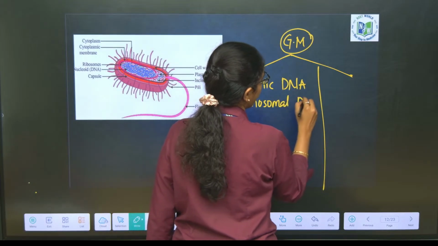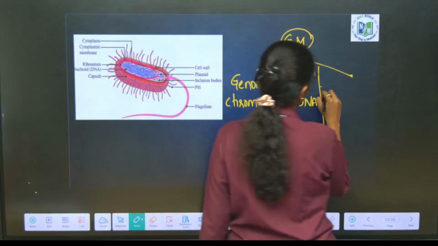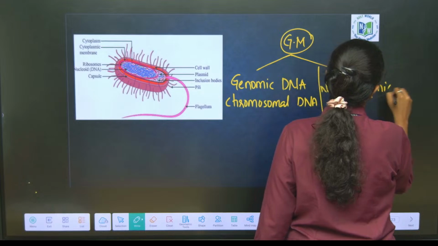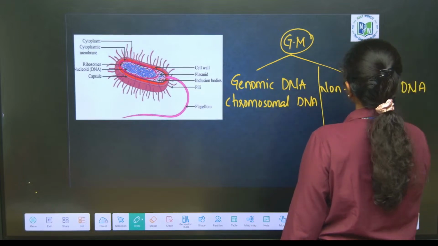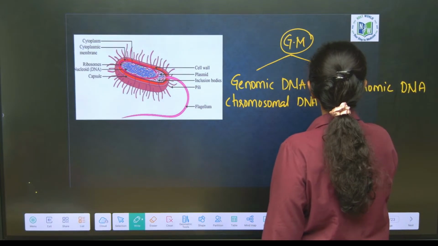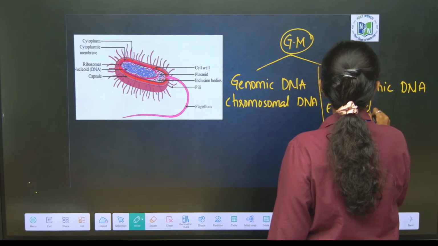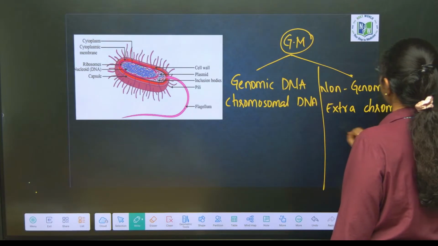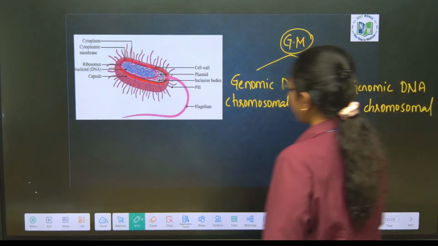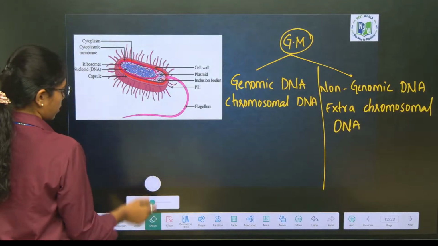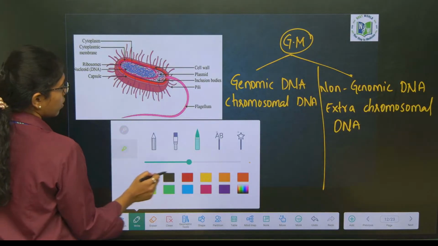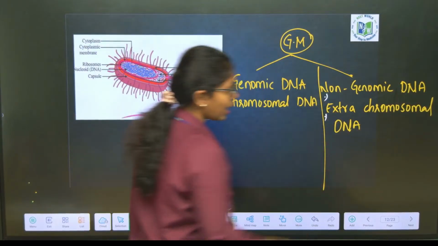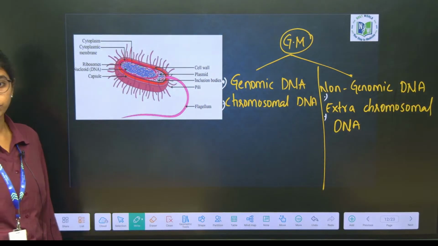The second type is non-genomic DNA, which is also called extrachromosomal DNA. Clear, right? So one is genomic DNA, chromosomal DNA, and the other is non-genomic DNA, also called extrachromosomal DNA.